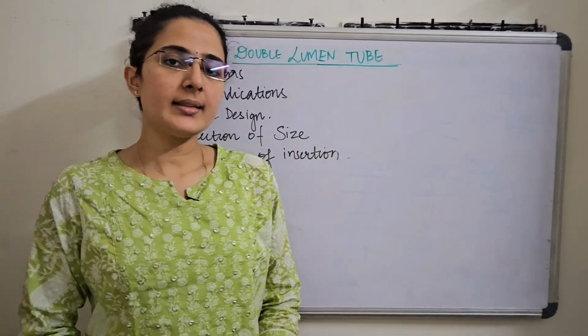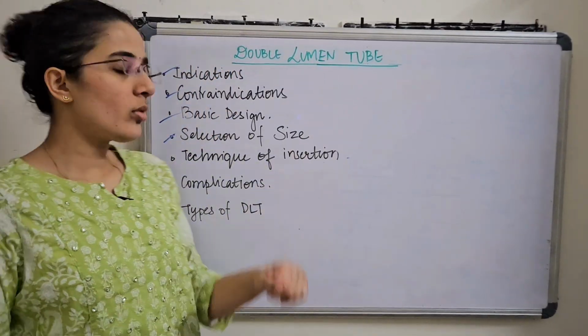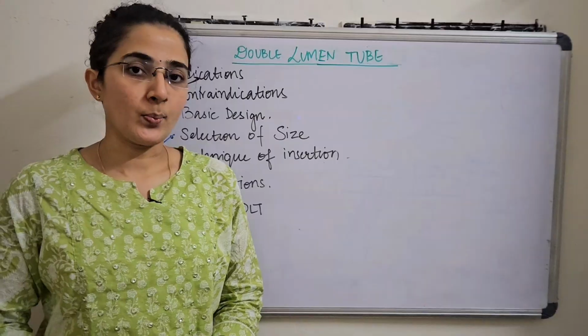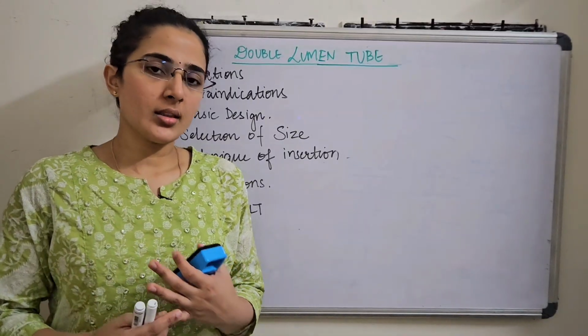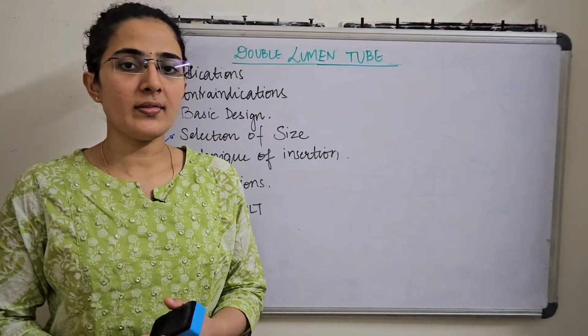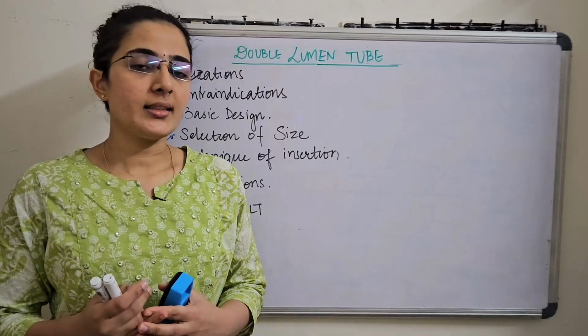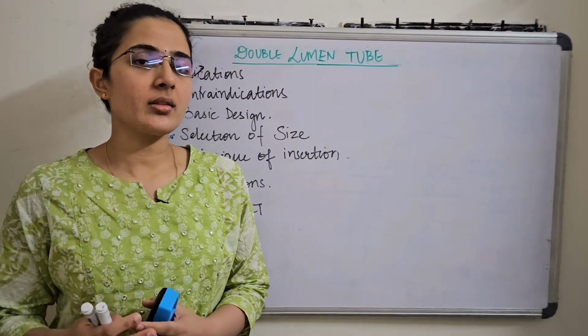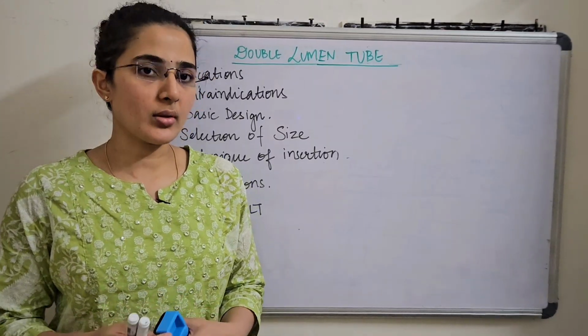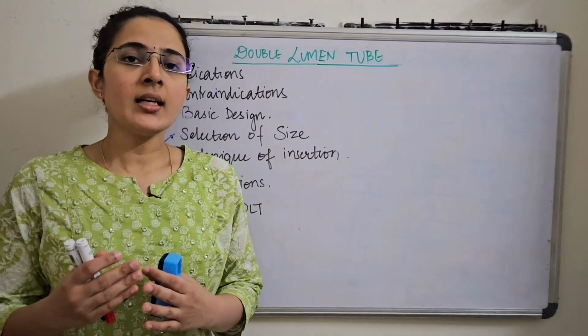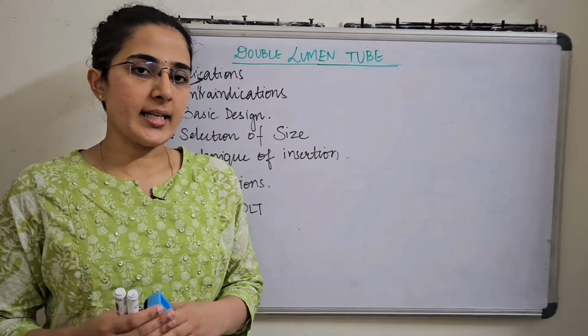After this, we will see the technique of insertion of a double lumen tube. Before inserting the double lumen tube, we should always perform a check. We have to inflate both the cuffs, the tracheal as well as the bronchial, and check for any leaks in the DLT.